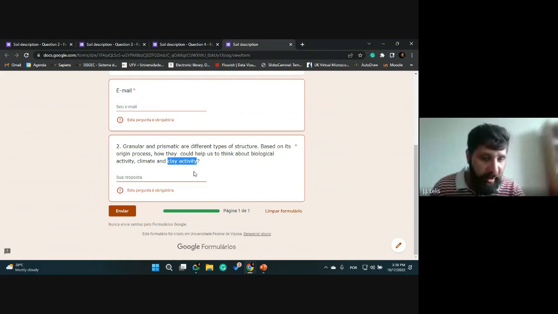In general, I can't find prismatic structures in areas that register a high rainfall regime. Like I can't find a prismatic structure in rainforest, or it is not so common. In some cases I can find them, but they are exceptions.